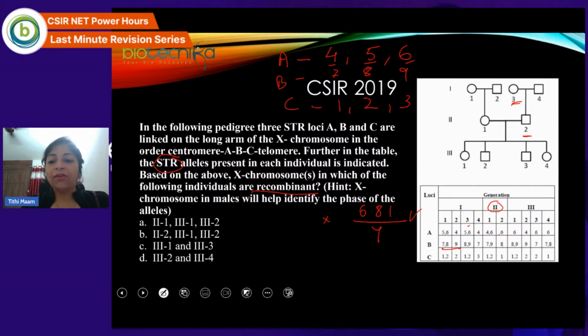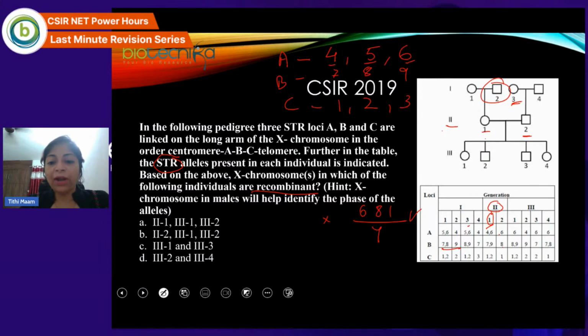Now for 1, what do we have? 4 7 1 and 6 9 2, but we don't know which alleles are present on which chromosome. So what you have to do is check the genotype of the father of 2 1. Why? Because the father has only one X chromosome, and that X chromosome without any recombination will be passed down to the daughter. So who is the father of 2 1? 1, 2.